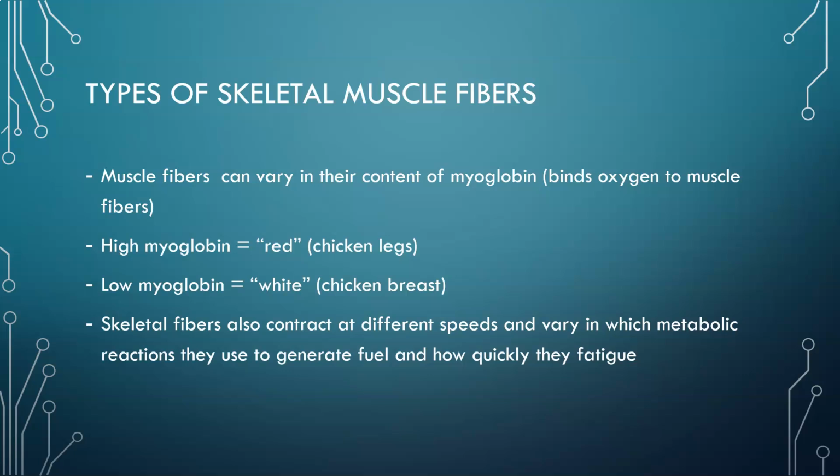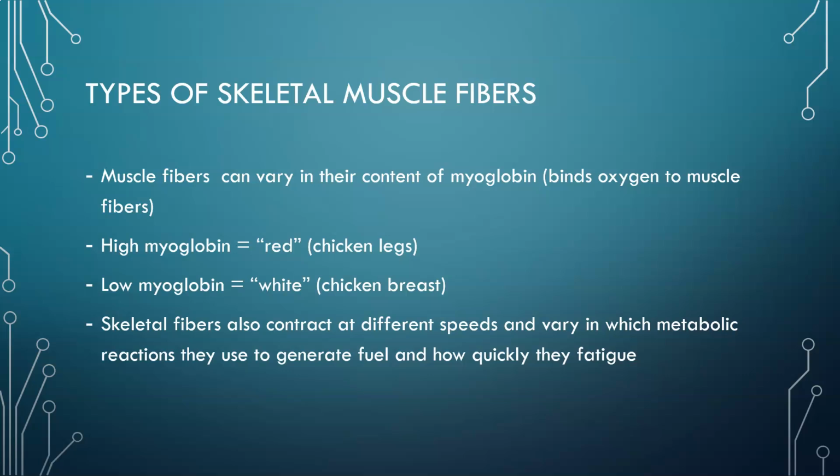We call legs, both in turkey and chicken, dark meat, and we call breast meat white meat. The reason for that is that chicken legs contain vast amounts of myoglobin, which has them look dark when they're cooked, and therefore they're red, high amounts of myoglobin. Chicken breasts don't contain high amounts of myoglobin, and therefore it looks white.